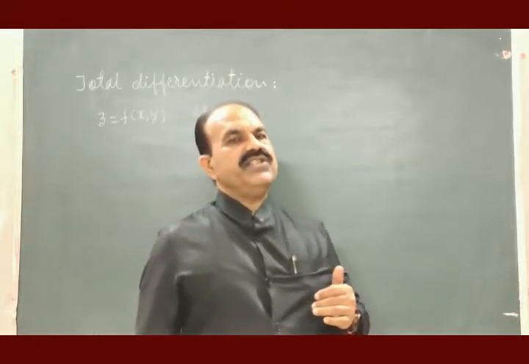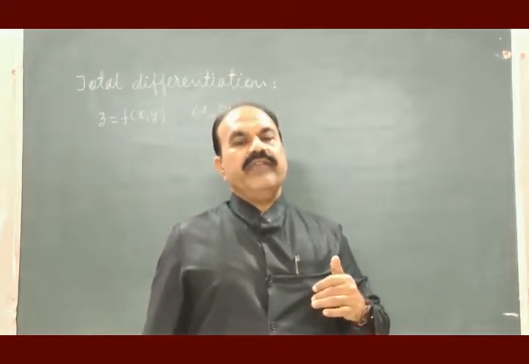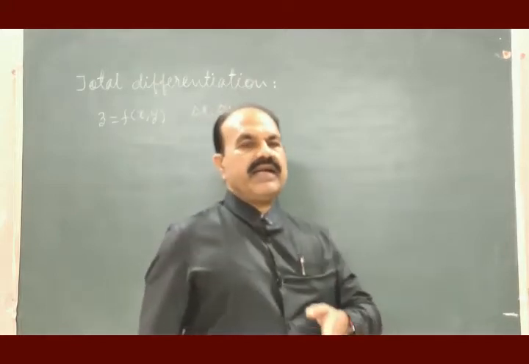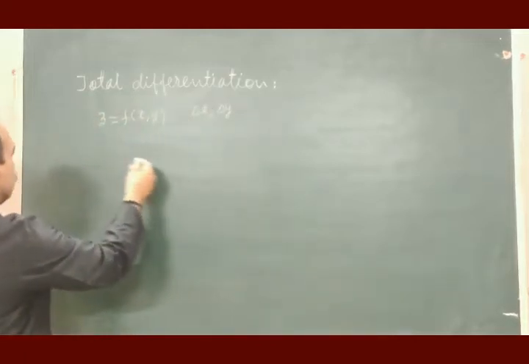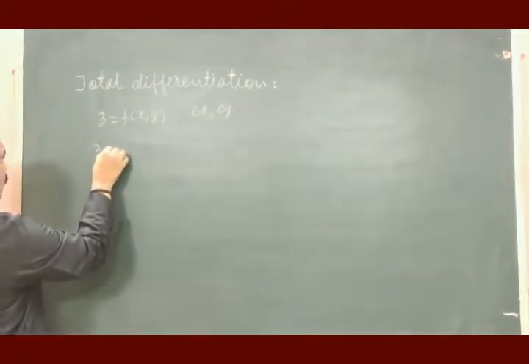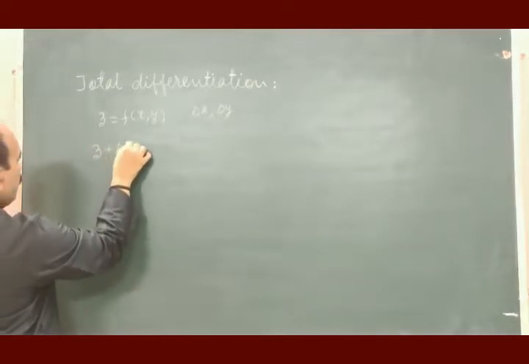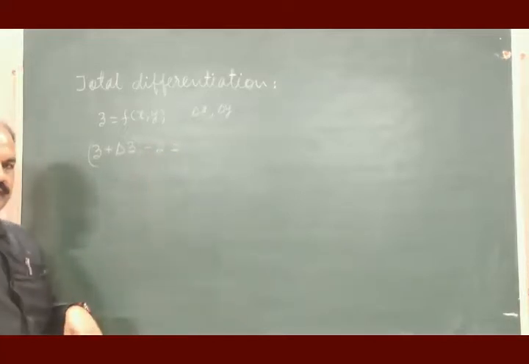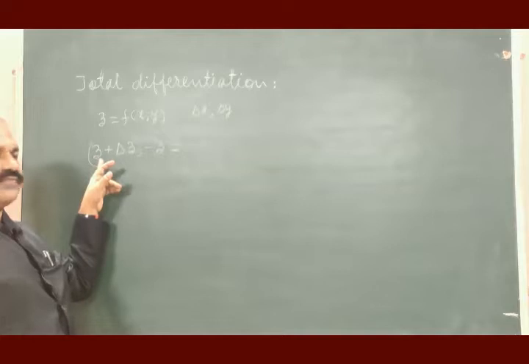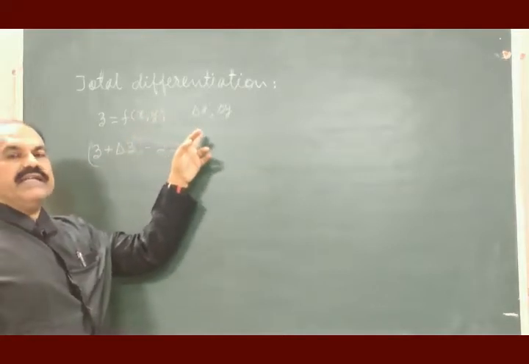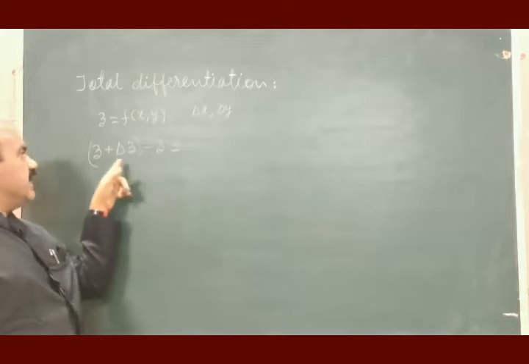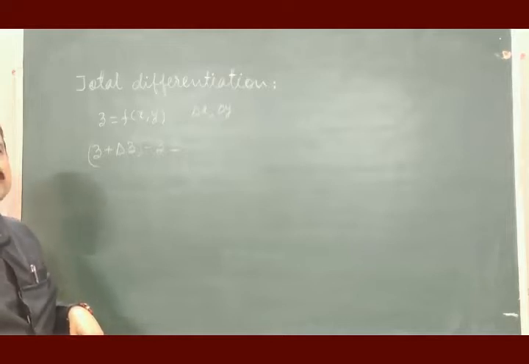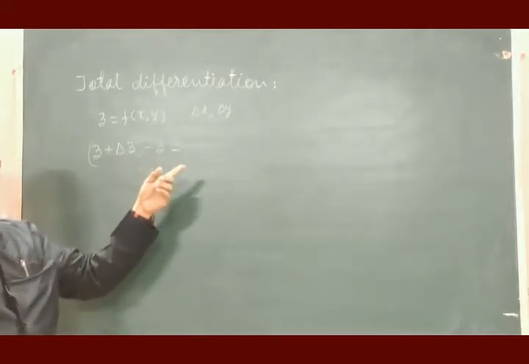Let us find this value of z when x incremented by delta x, y incremented by delta y. That is, initial value of the function is z. As x and y increments by delta x and delta y, there will be increment delta z in z. So, change in z will be equal to z plus delta z minus z.